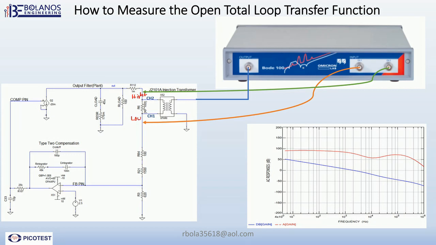Once we have the Bode 100 connected across the injection resistor, then we should get a response similar to this here. Here you can see that the crossover is close to 2 kilohertz, and where it crosses the 0 dB, this would be your phase margin.